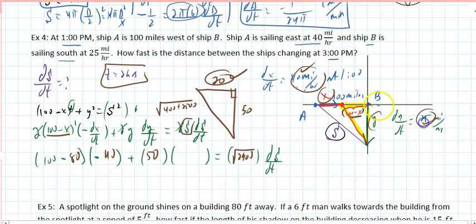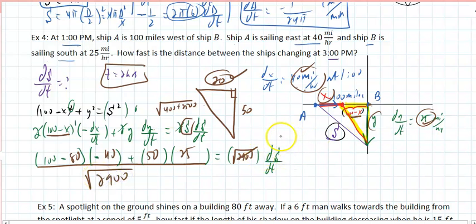And dy dt is 25 miles per hour. All I have to do is divide both sides by the square root of 2900. There's my answer. What are the units for ds dt? Well, s is going to be in miles per hour. And that would be my answer.